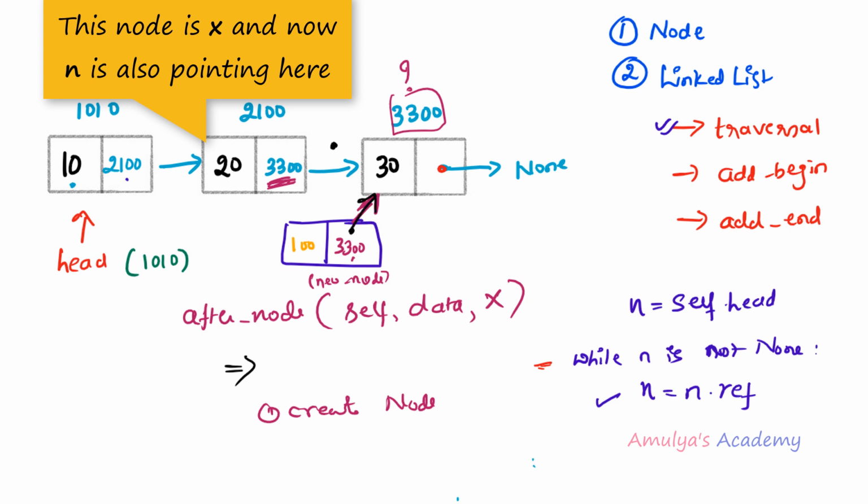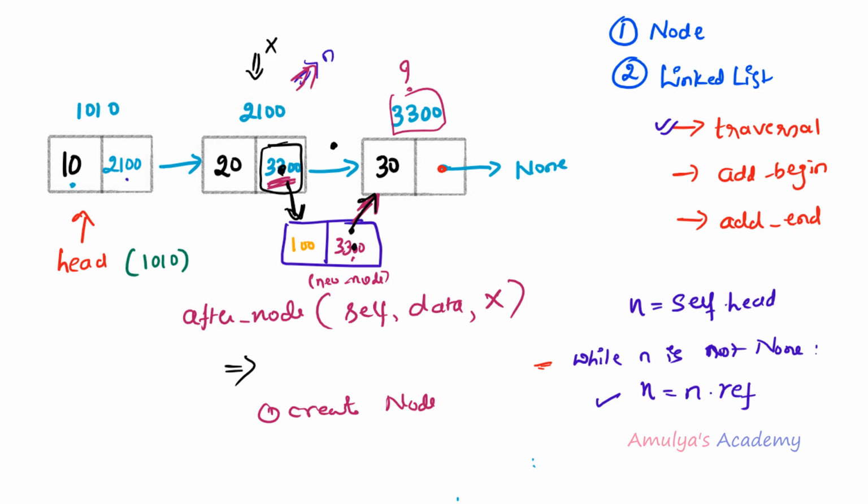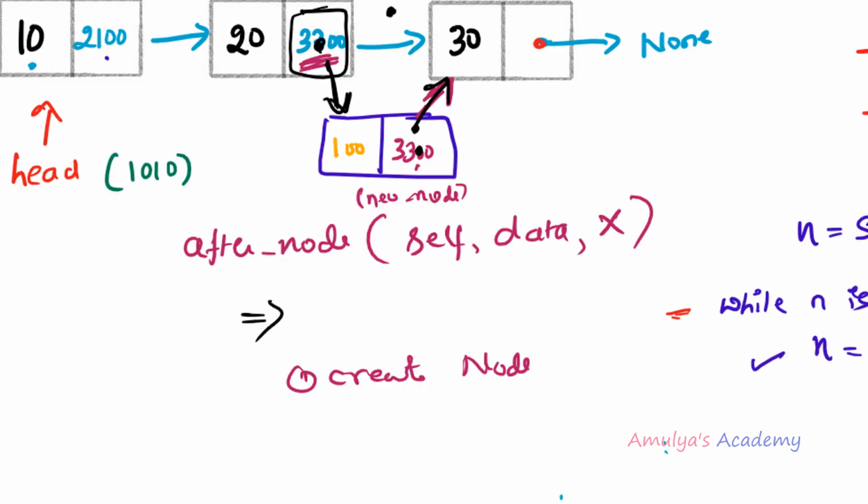Now we need to change the n.reference, right? It needs to point to the new node. This is n.reference. This is new node reference. So now the n.reference should point to the new node, right? So I'll take n.reference is equal to new node.